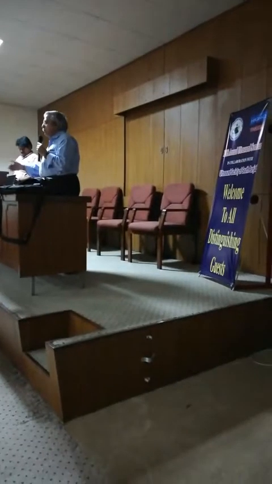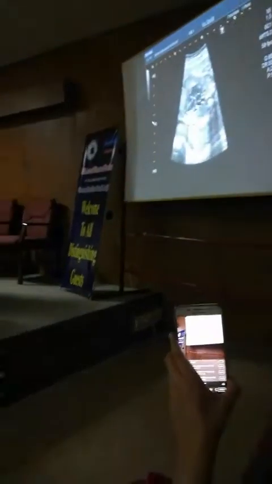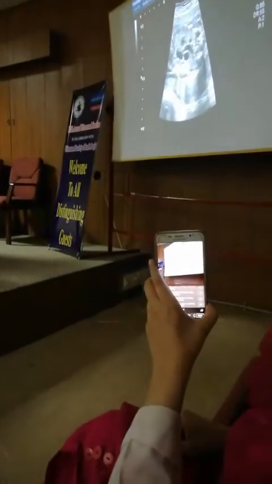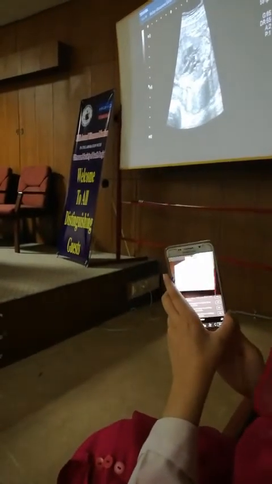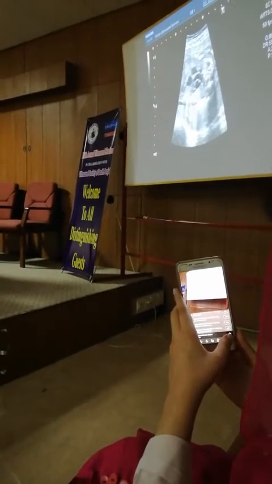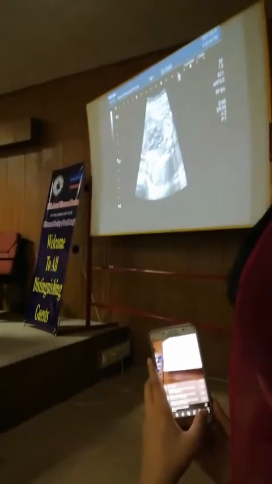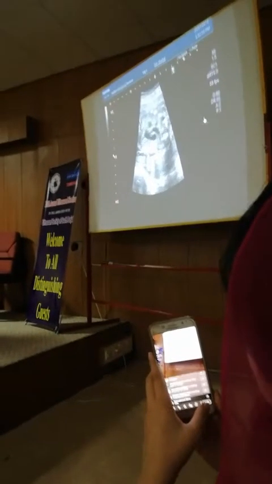Not in all, not in most, but at least in many of your patients. With just a little bit of practice. Let's see. The ventricle, you have the aorta, and that is the arch. Okay, see this? And you can see tiny cusps there. Okay? Not bad, huh?